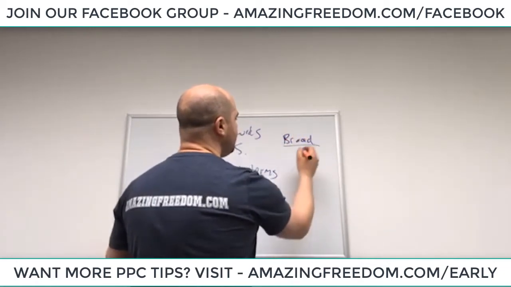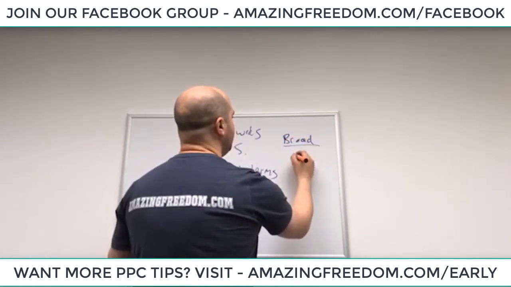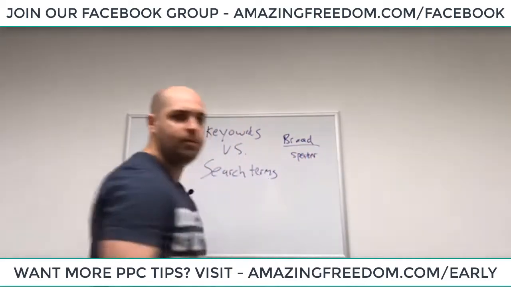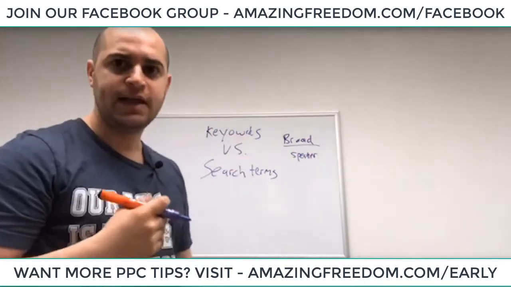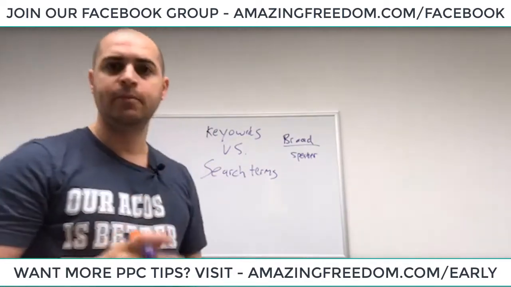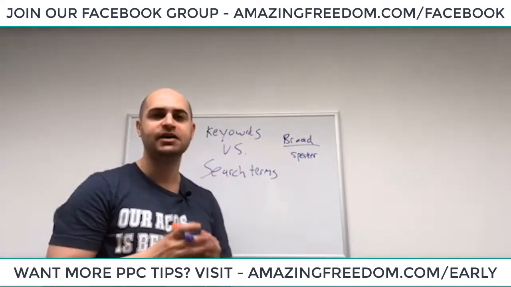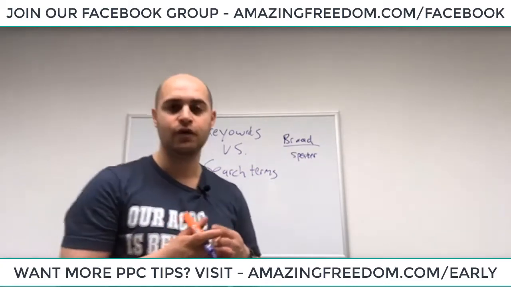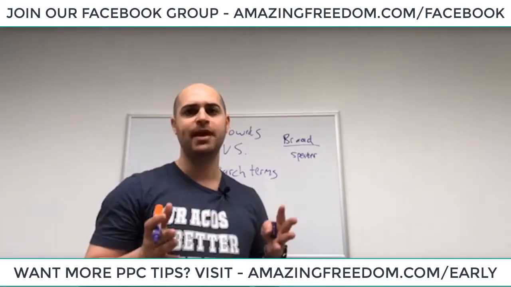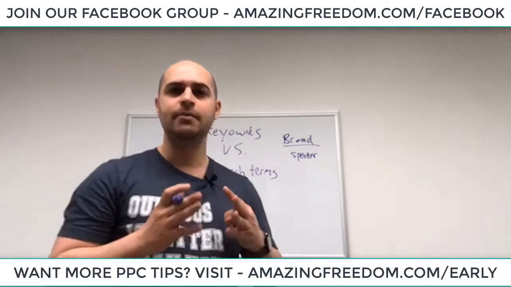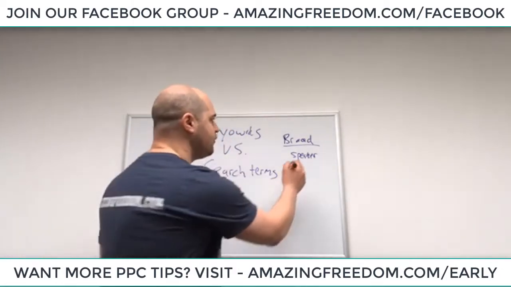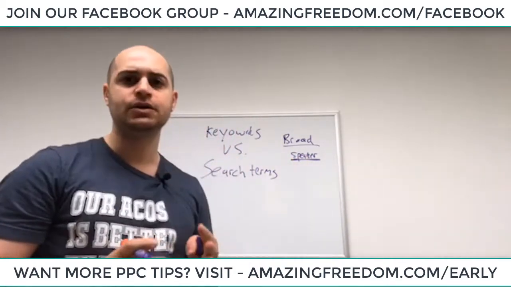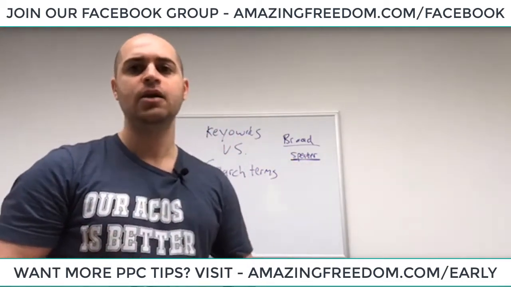Let's take an example of the word speaker. Let's say you have a Bluetooth speaker as your product, and you take the word speaker and put it into your broad match campaign. That's going to trigger your ad to show up when customers are searching for lots of different things. It's a broad match term. So what does that mean? It means that when somebody searches, as long as the word speaker is somewhere in that customer search, your ad can possibly show up.